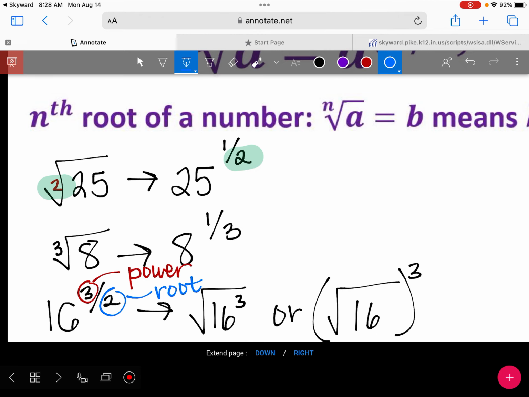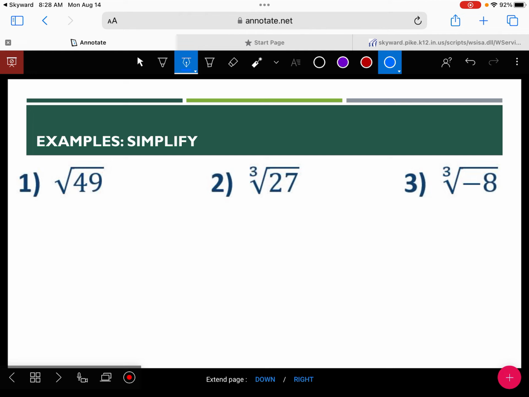All right, go ahead and copy down these 3. Wait, before you copy these down, I want to talk about something else. Couple more notes before we jump in. Let's talk about negatives.